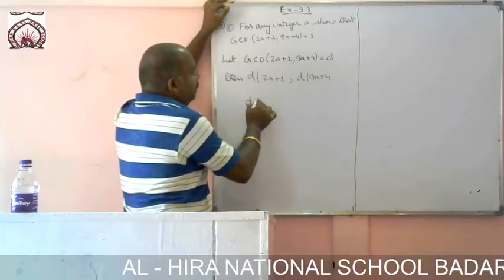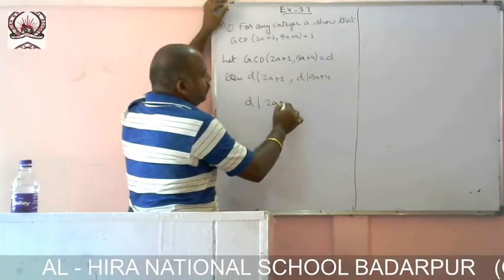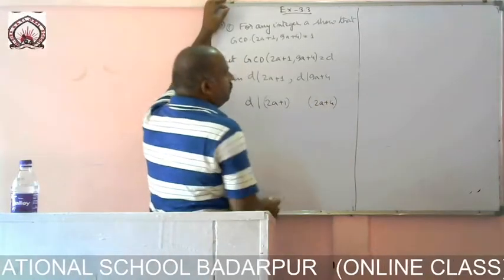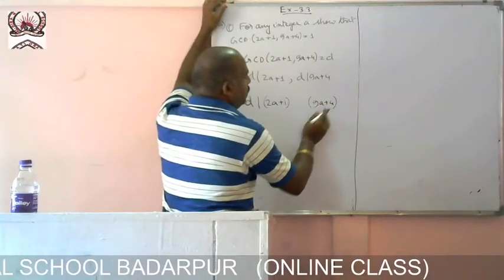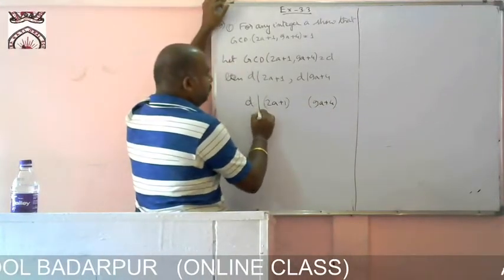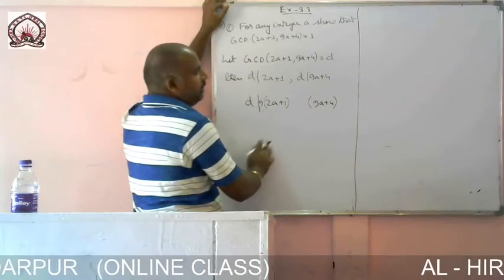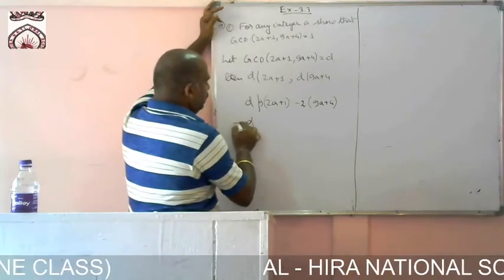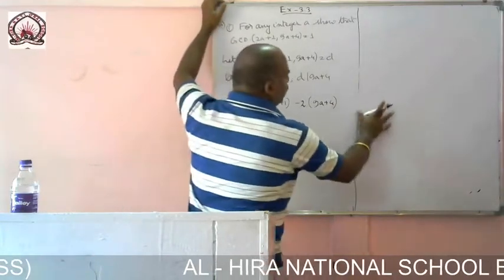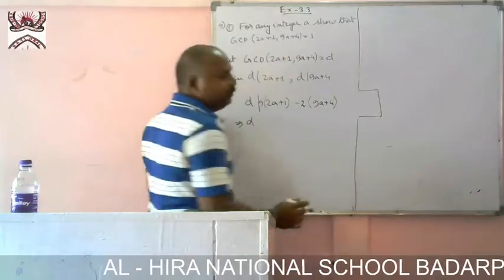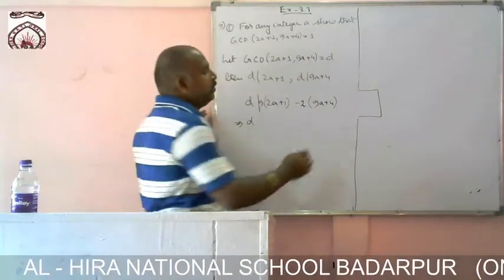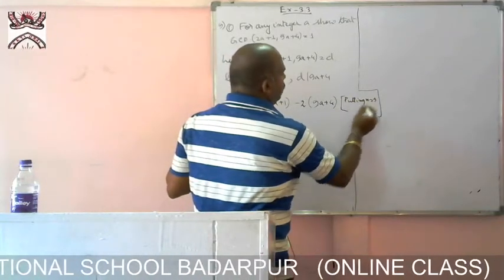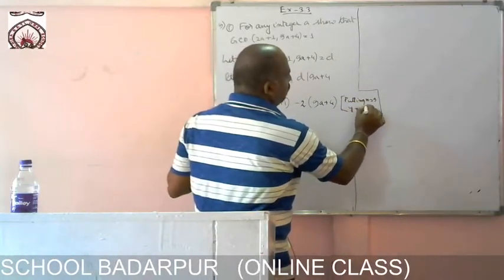Now what can you write? D divides twice a plus 1, and this one is twice a plus 4, 9a plus 4. Now if I multiply with 9 here, 9 twos are 18. If I multiply with 2 here, then from applying the theorem, we put x equal to 9 and y equal to minus 2.